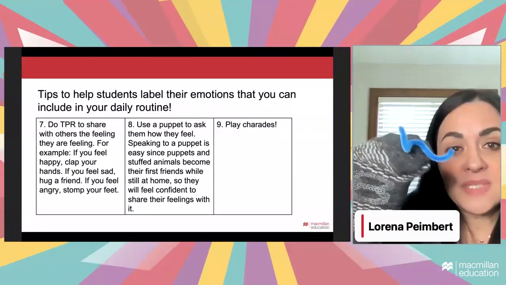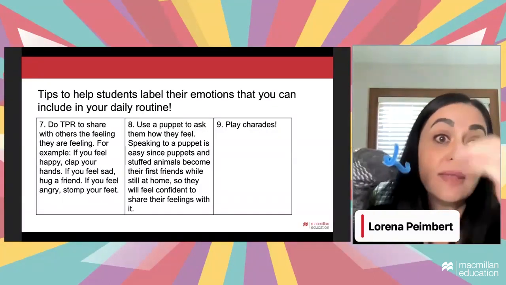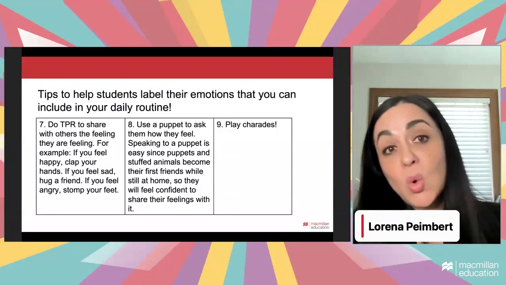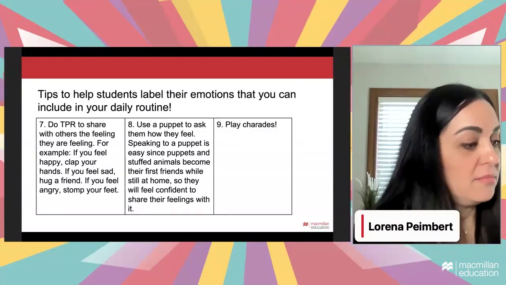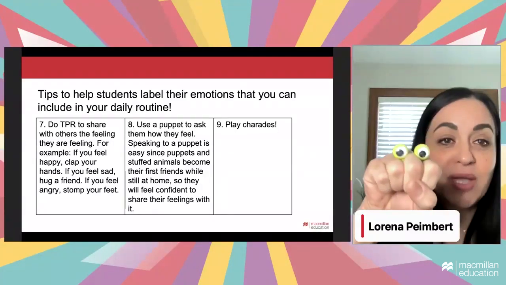So if the puppet comes and says, hey, how are you doing? How do you feel? They are going to tell the puppet, okay? Or you can create these little eyes and you can do the same.